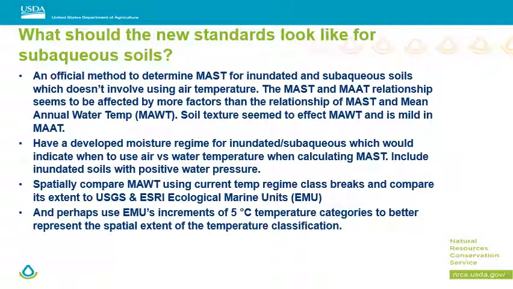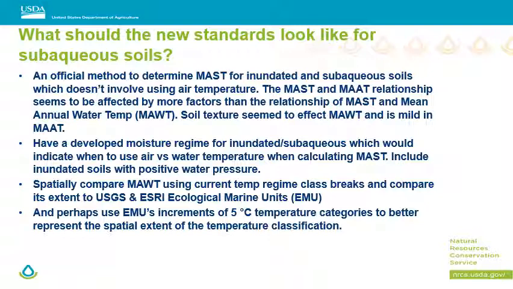So what changes should we consider? We need an official method to estimate the subaqueous soil temperature, which doesn't involve using air temperature. Using water temperature seems at this time to have fewer factors affecting that soil temperature, and the soil texture and water depth seem to affect that mean annual soil temperature for subaqueous soils as well.